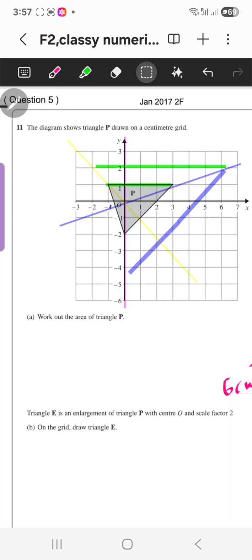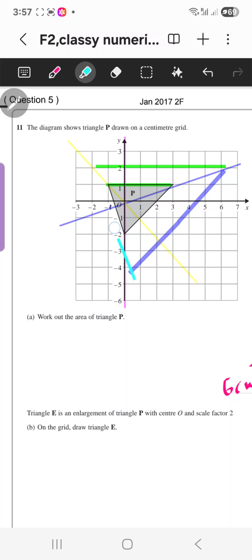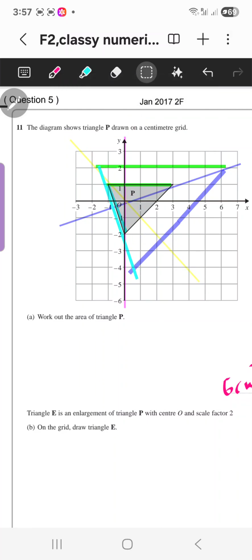For the last one, we can join it and measure it by the ruler, and it must be double the place. I will show it to you.